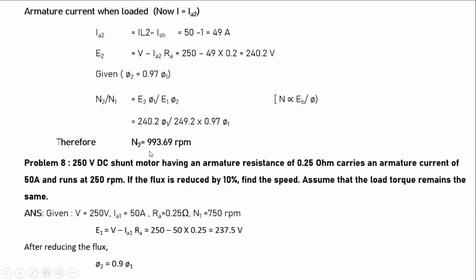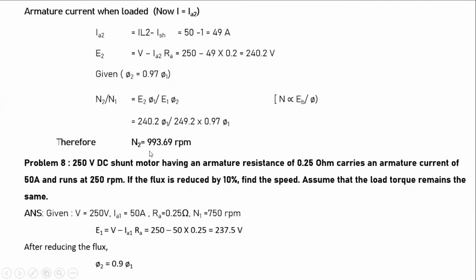So 50 minus 1, 49 amps. Ia2, the new armature current, is 49 amps. When Ia2 changes, it is related to E2, the back EMF, which will also change to 240.2 volts, because V is constant, Ia2 changes, and Ra is not changing.